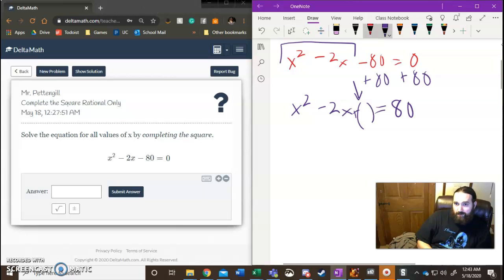The way I make this number, and this is why I'm not a huge fan of completing the square, it seems kind of random. Normally this kind of thing is referred to as ax squared plus bx plus c. So you'd have a, our coefficient, which in this case is 1, x squared plus bx plus c.